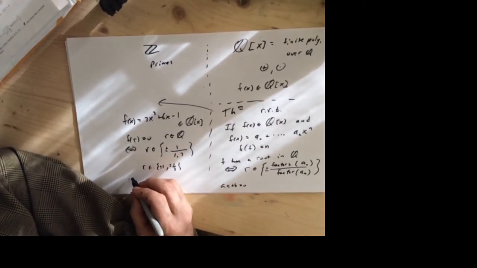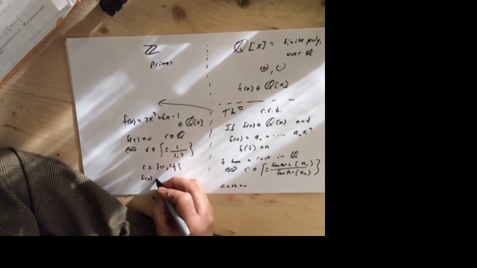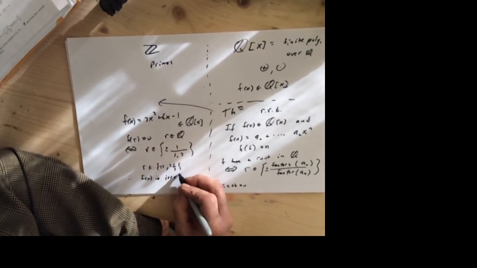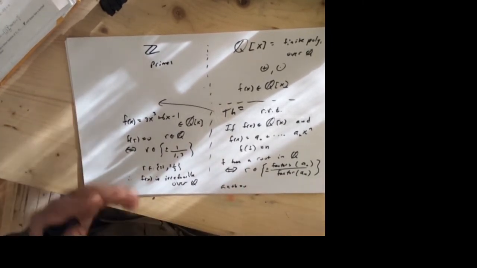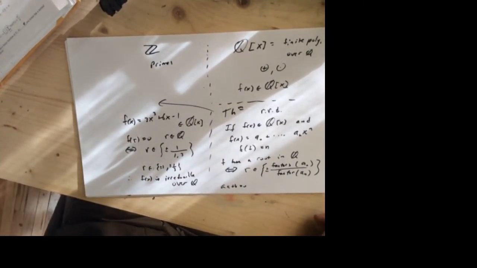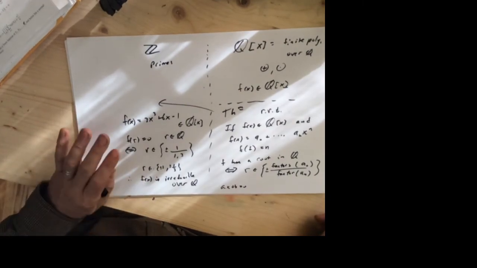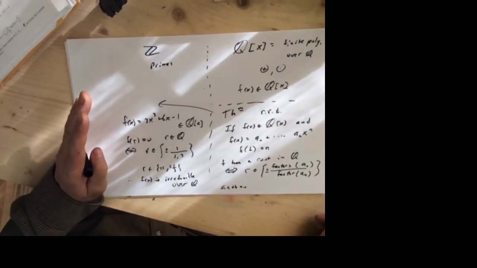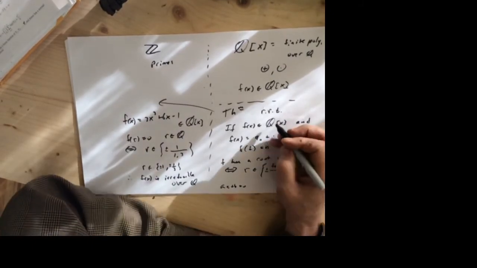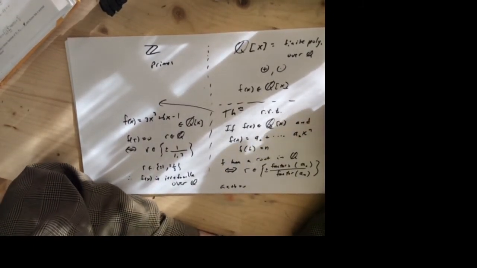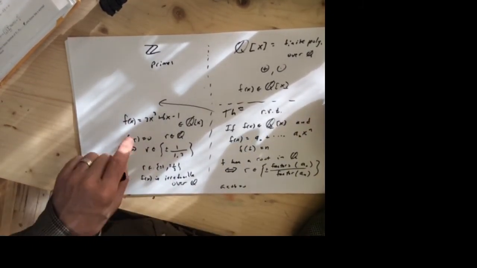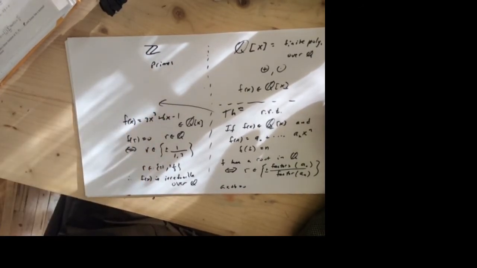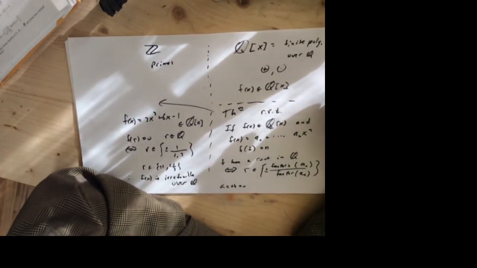So, therefore, we conclude that f of x is irreducible over Q. It can't be factored. So, irreducibility is an unfactorable polynomial over the given field that you're working with. So this is much like a prime in the integers.